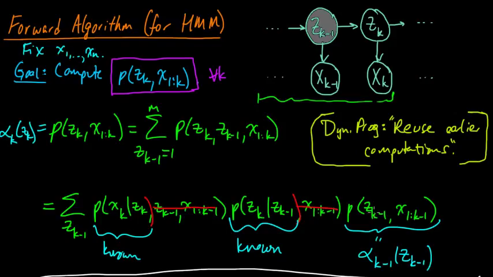Okay, so let's see. So next we're going to talk about the backward algorithm. But before we get to that, I wanted to just briefly mention, so I alluded to, or I sort of vaguely said that this is a very general purpose approach for Markov chains. And I want to explain that comment a little bit.